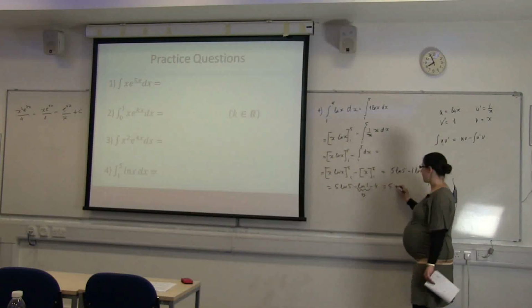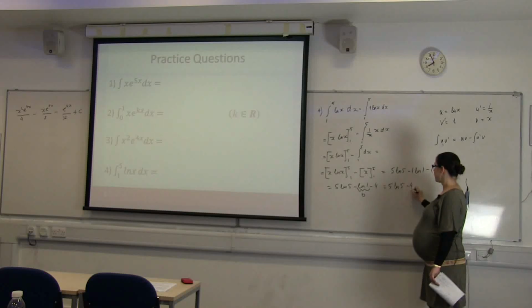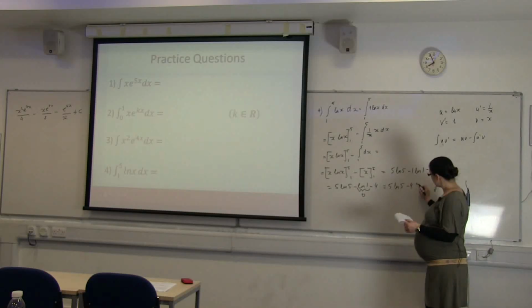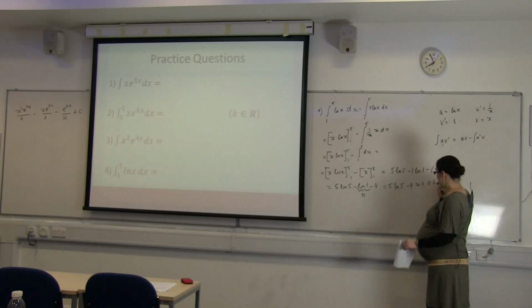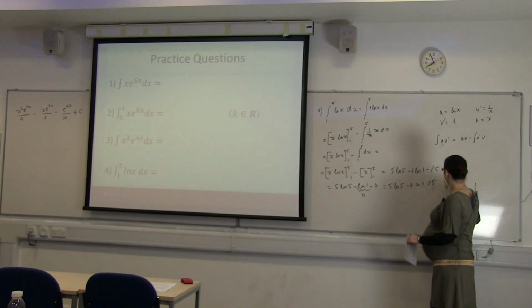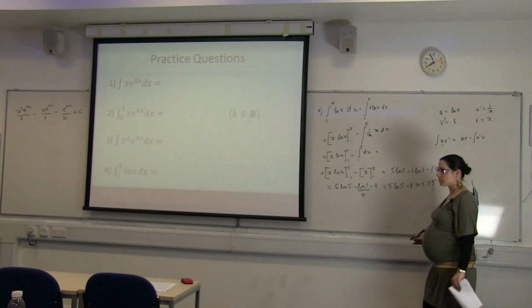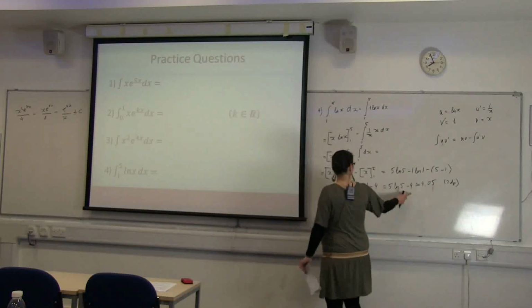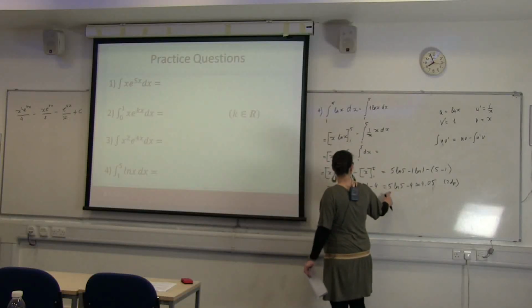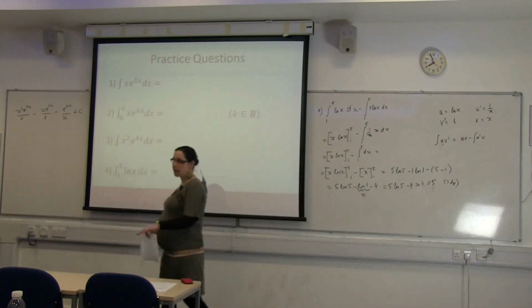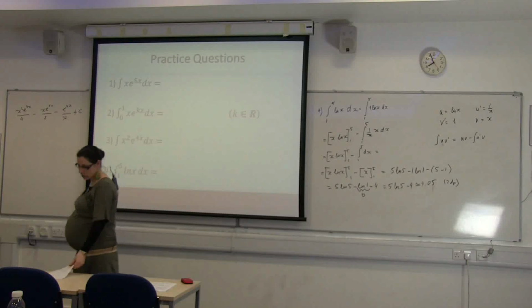So it's 5 times ln 5 minus 4, which is roughly 4.05 to 2 decimal places. I'm pretty sure that in the exam, if you leave it in this form, 5 ln 5 minus 4, that would be acceptable.